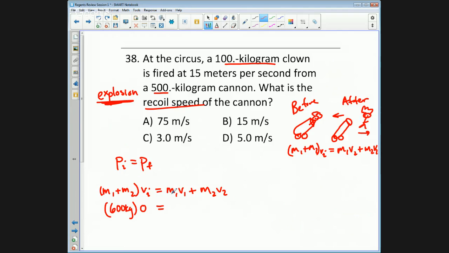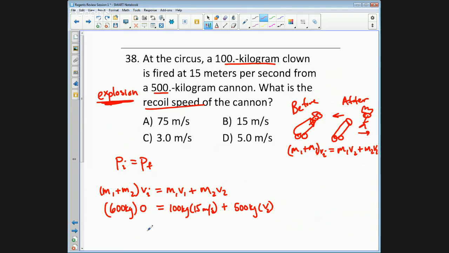Afterwards, they split off. So the mass of the clown is 100, and the speed of the clown is 15 meters per second, plus the mass of the cannon, which is 500, times the speed of the cannon, which is going to move backwards.